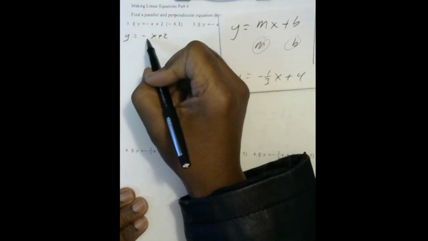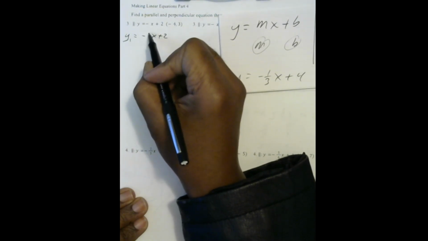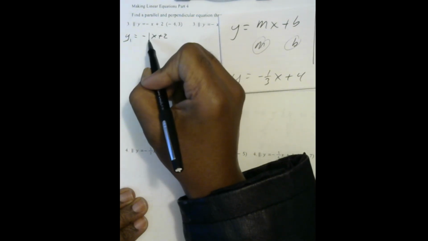So let's start that process of finding the m and the b. Okay, so what we have right now is that y equals -x plus 2, and the slope for this equation right here, it will be right in front of the x. Now you don't see a number here, but it's actually a -1.